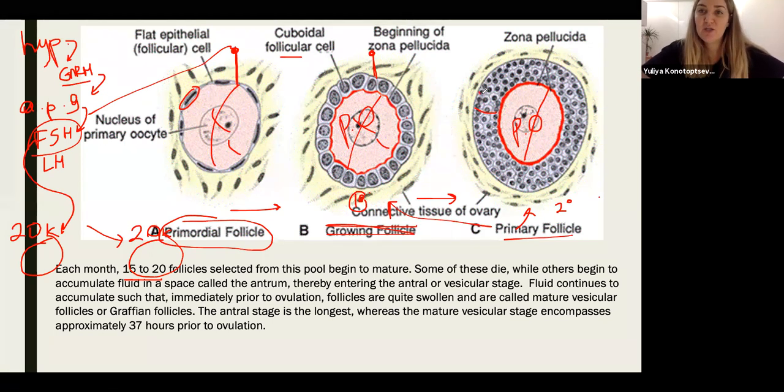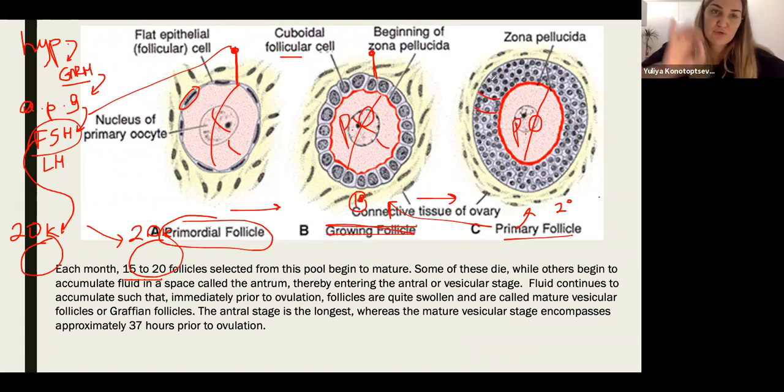These look like little granules, like tiny dots. As a result, they are also known as the granulosa cells. So a question for you: at which follicle stage do granulosa cells appear?